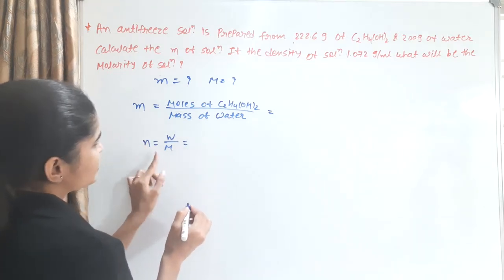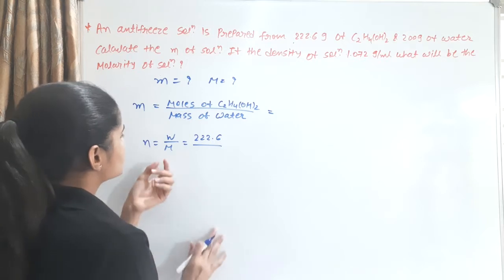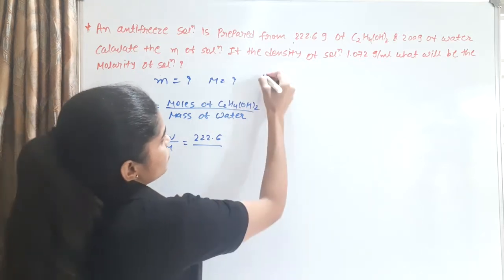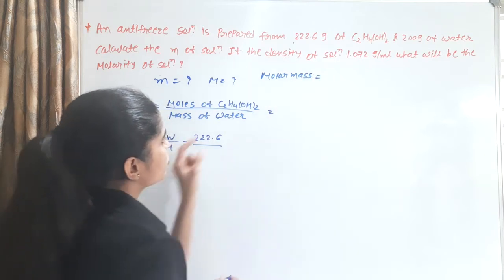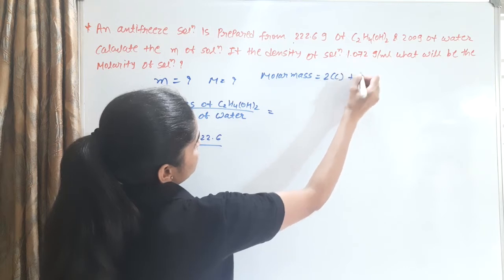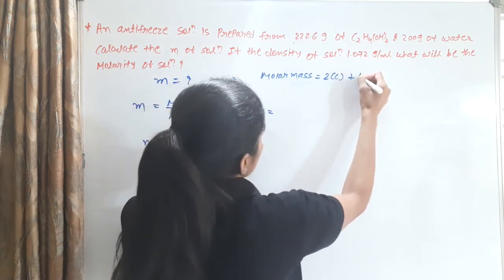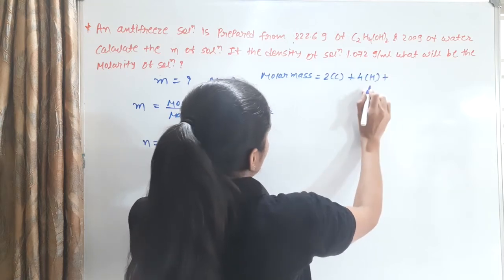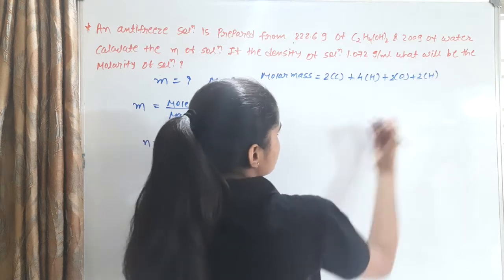Weight upon molar mass. Given weight is 222.6, divided by the molar mass. Molar mass is the sum of the total atomic masses: 2 into atomic mass of carbon plus 4 into atomic mass of hydrogen, plus 2 atomic mass of oxygen and 2 atomic mass of hydrogen.